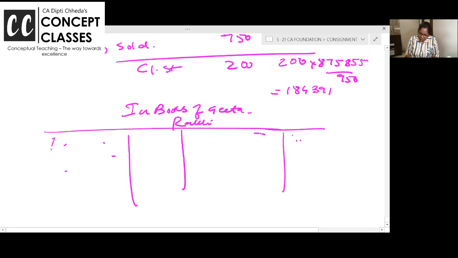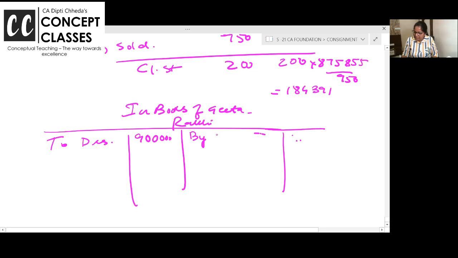In the books of Rakhi account debit. 9 lakh they have to pay us because they have sold the goods. So Rakhi account debit and two datas. They will collect the money from the datas from whom they have sold and they will remit to us. Unko koi lena dena nahi hai. Now, Rakhi credit and their bank account debit.